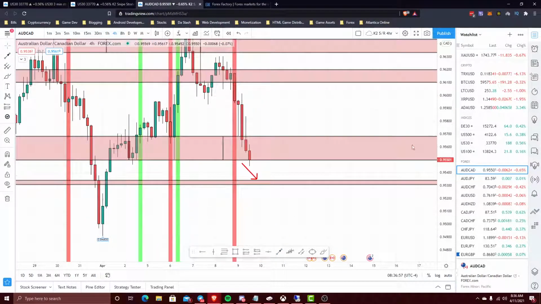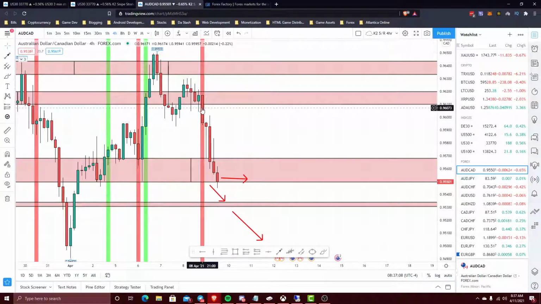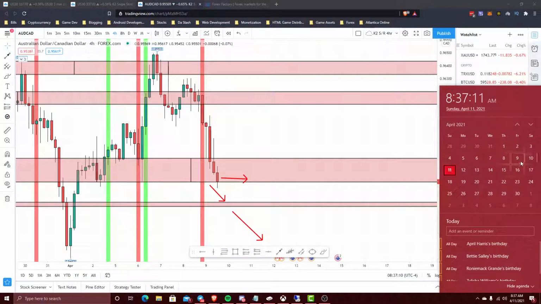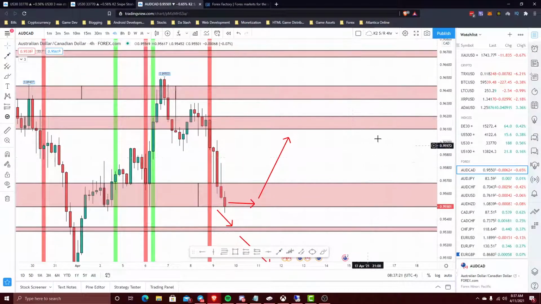Being that it's a very small zone, it may go past it and continue down for a little bit. Or it might consolidate in this zone for a little bit and then shoot right back up. It's been since the 8th that we had this bearish bias. So it may consolidate, maybe starting today, and then like I said, it may swing back up. We have to wait and see.